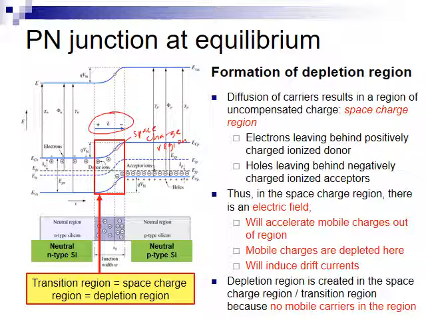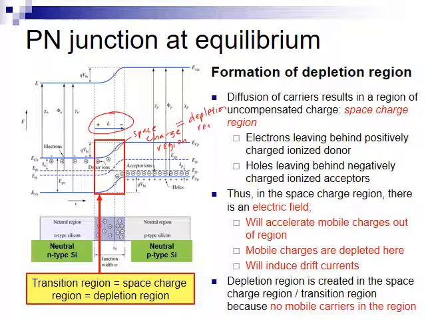The electric field will force any carriers that are passing through the space charge region to move out of the region. That means any electrons moving from N to P that are passing through the transition region will be quickly swept out of the region. Same with holes. This will make the region contain almost no mobile carriers at any given time.